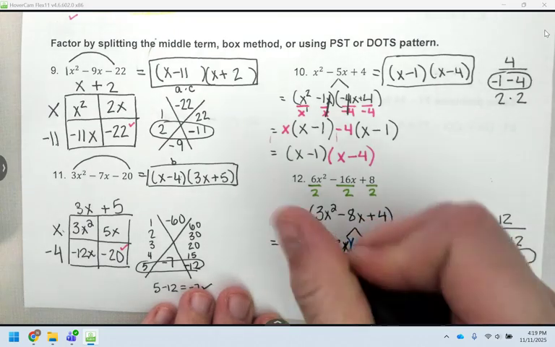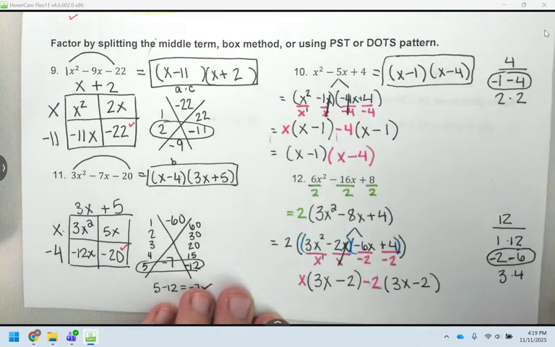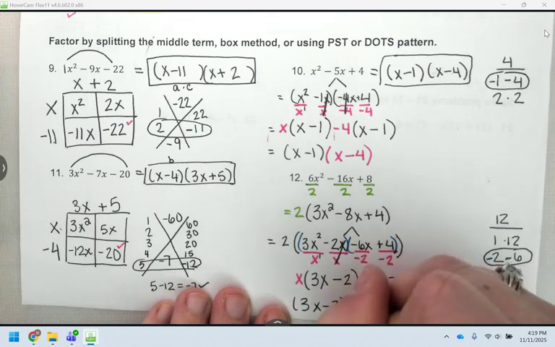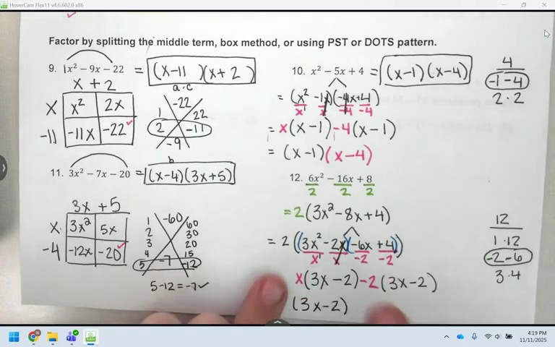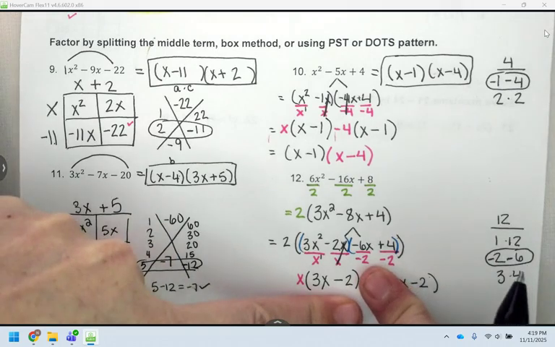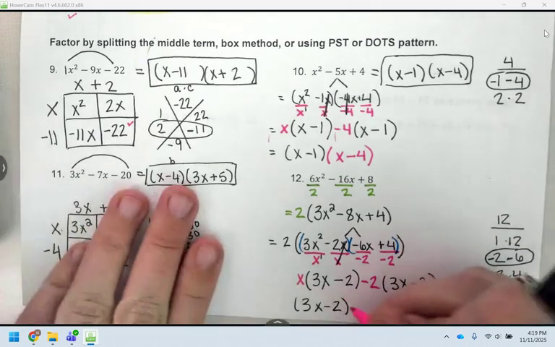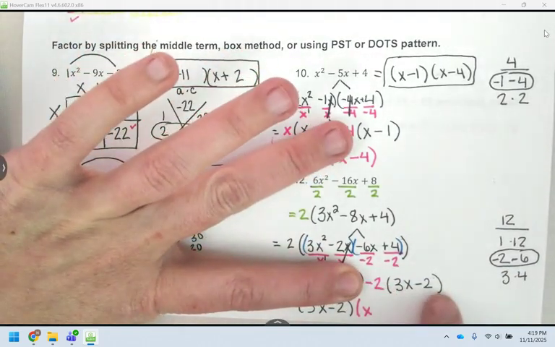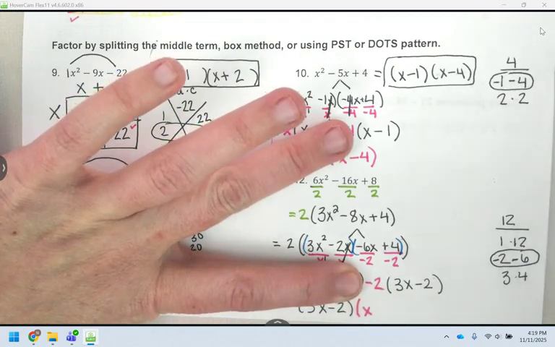Don't forget, we're just going to keep going. Okay, so if I was to factor out that common factor 3x minus 2 from this one, I would be left with an x. And from this one, if I was to factor out a 3x minus 2, I would be left with a minus 2.